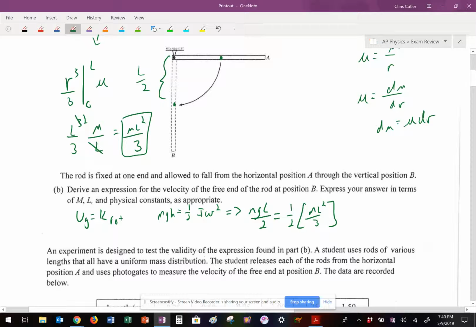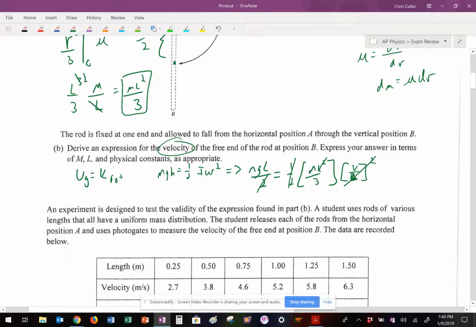It wants the velocity. It didn't say angular velocity, so we're looking for velocity. So we take omega, make it v over r, squared. Well, our r is actually L. The L squareds go away. The 1/2 here goes away here.